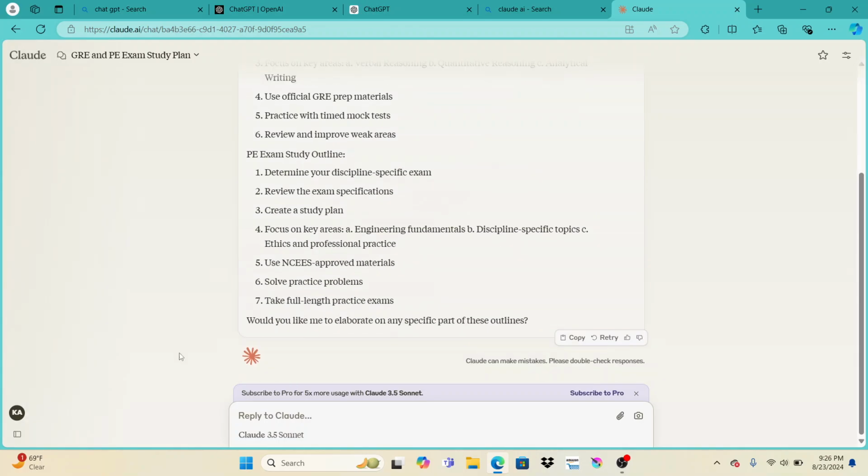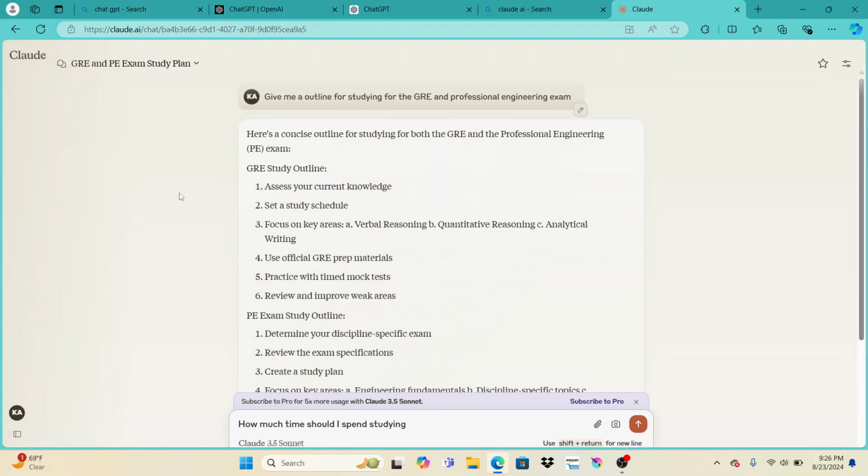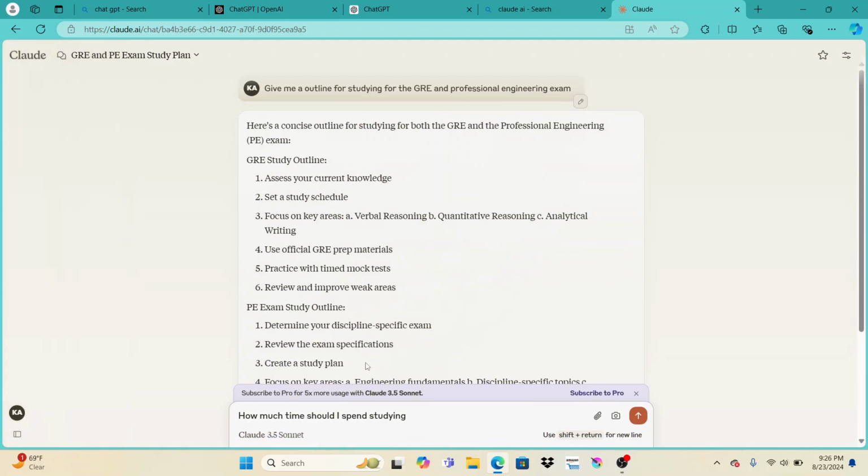And again, if I give it more things, like if I say, okay, give me the topics, and say how much time I spent studying. Let's talk about number three here, analytical writing.